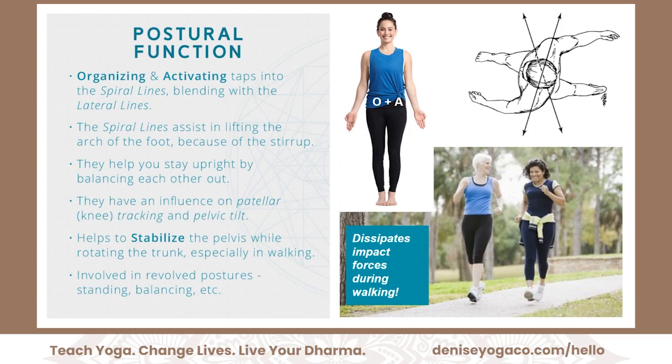Now, from there, if you want to start to move dynamically, the lateral lines are going to help contain that movement forward so it's efficient, but the spiral lines are going to encourage that rhythmic rotational movement. So it's monitoring this rotational movement through the trunk and through the pelvis.